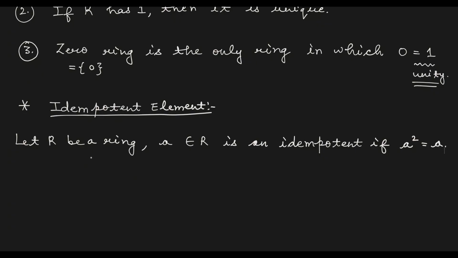So if I have any ring R, a is an element of R, it is called an idempotent element if a square is equals to a.